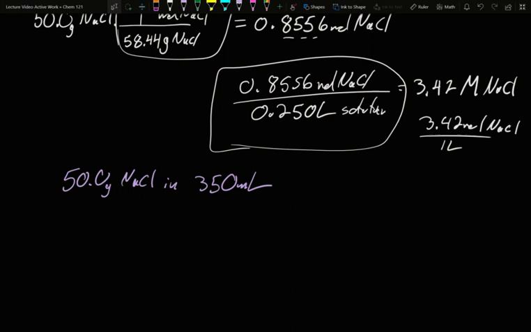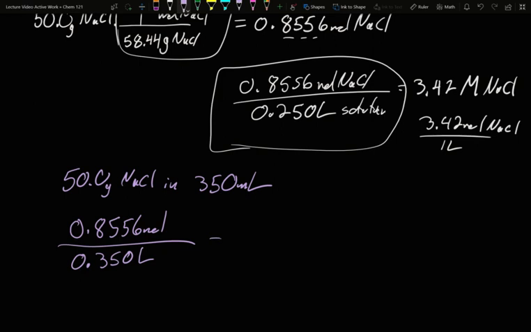If we had tried to put those 50 grams into a different volume, let's say 350 milliliters. Well, our moles are the same. It's still 50 grams, so 0.8556 mole. But my volume is now 0.350 liters. So this will give us a slightly different concentration. We've spread those moles over a larger volume. This will be 2.44 mole in 1 liter.